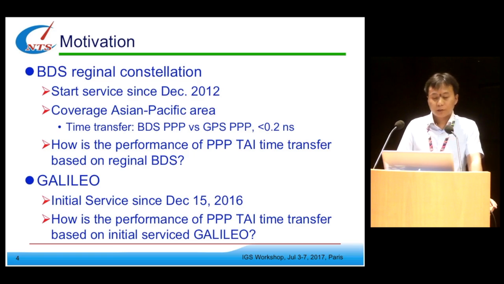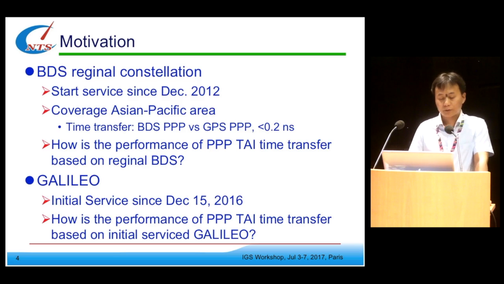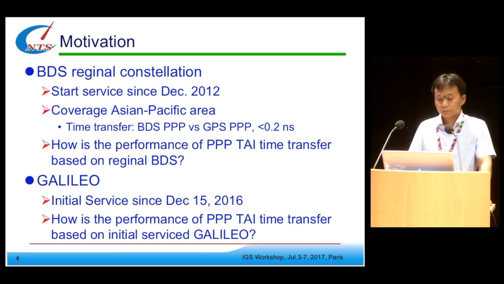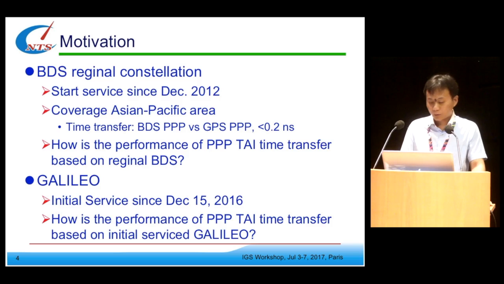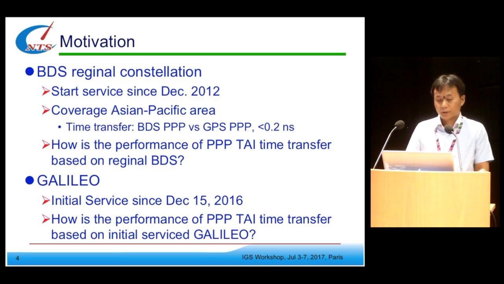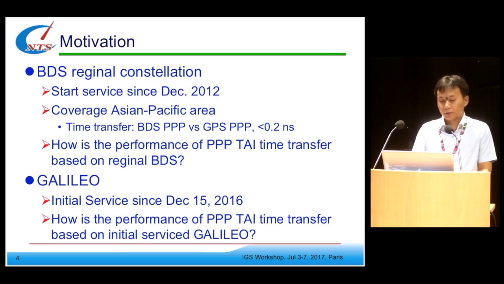And the GALILEO system has come into the initial service since December 15 last year. So the purpose of our work is to investigate the performance of PPP TAI time transfer based on regional BDS and the GALILEO system with initial service.